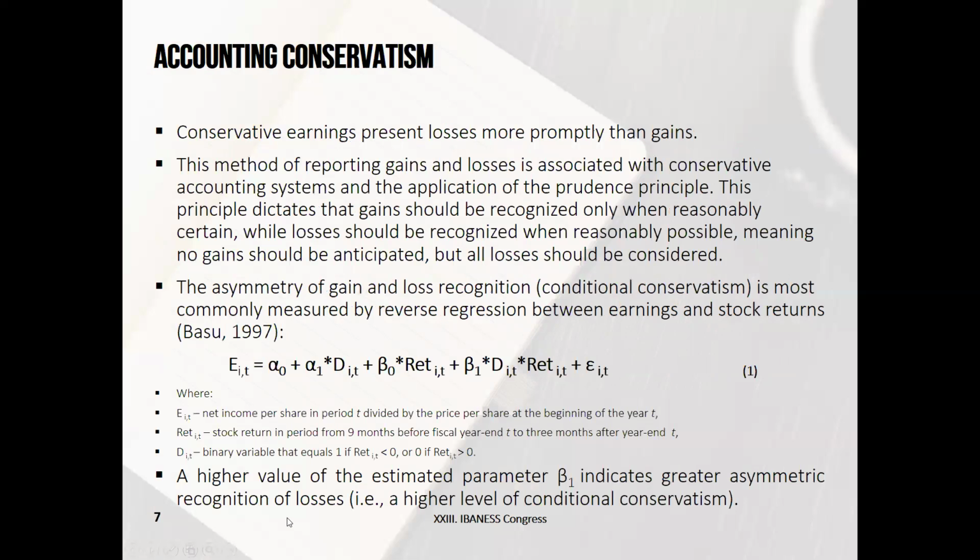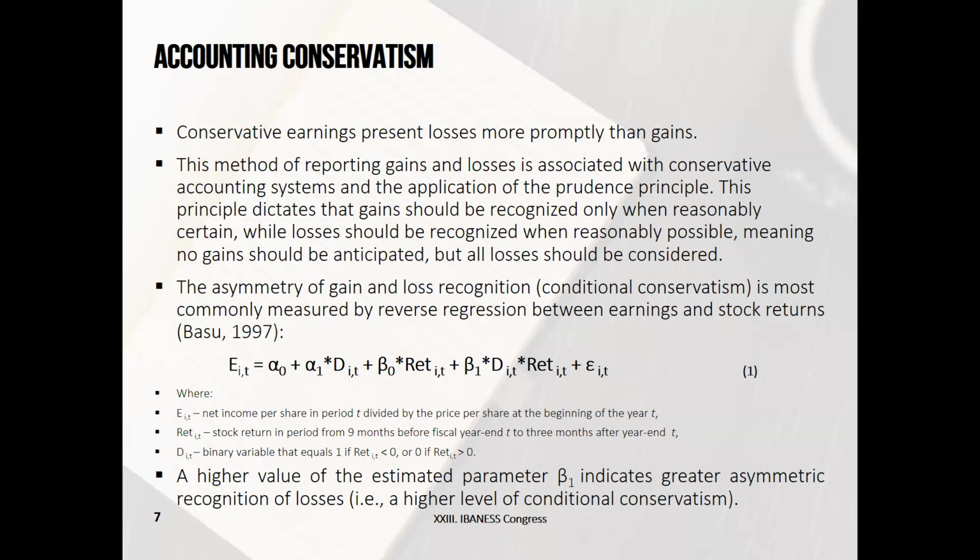In our research, we want to find out how the choice of fair value or historical cost model is related to the level of accounting conservatism. Conservative accounting recognizes losses promptly while delaying gain recognition until certainty is achieved.